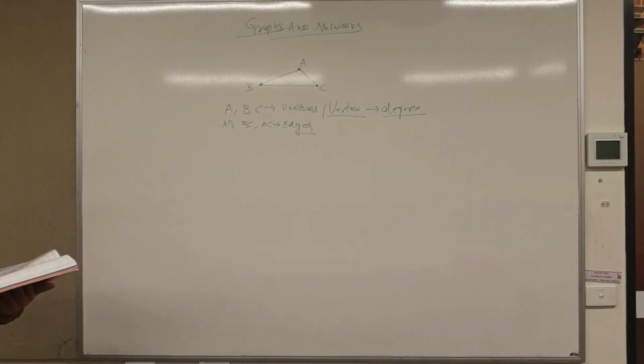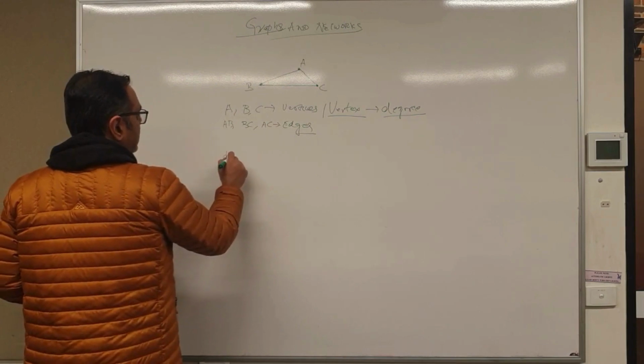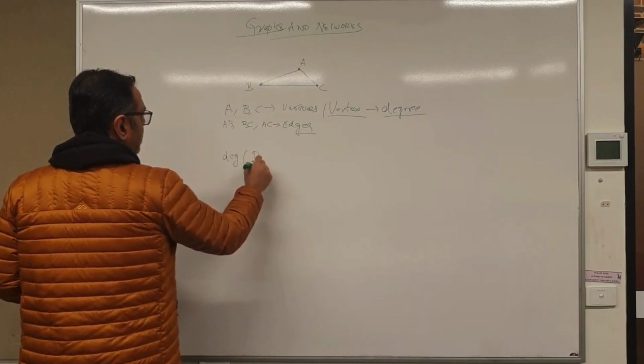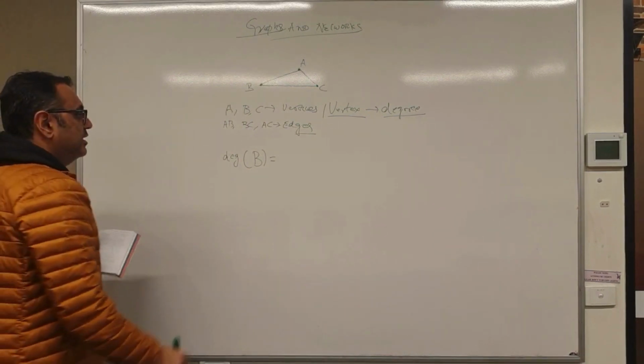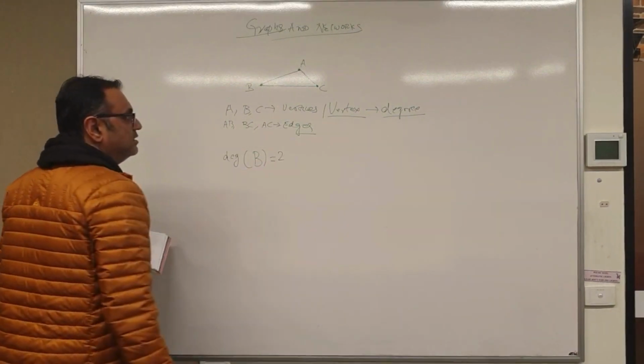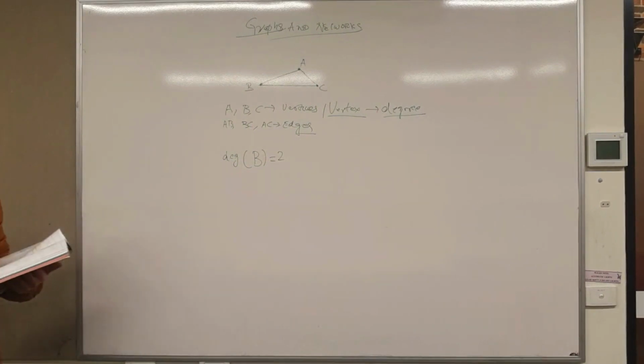Degree of a vertex is the number of edges connected to that vertex. So for example, degree of B, I say DEG B, is 2, as there are two edges connected to it. Similarly, degree of C is 2 and degree of A is also 2.